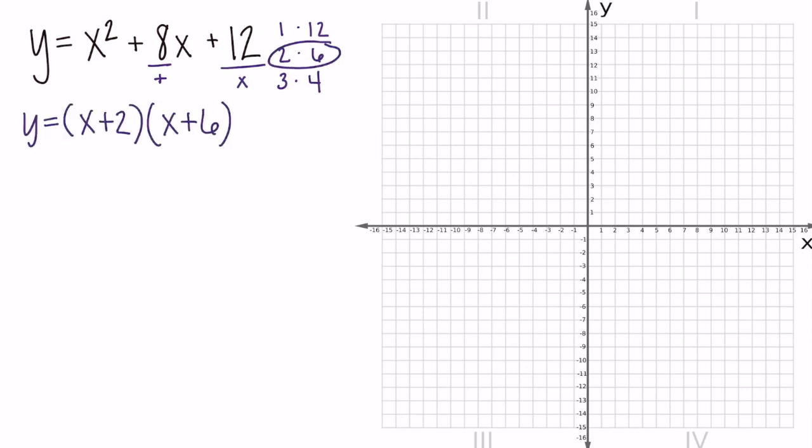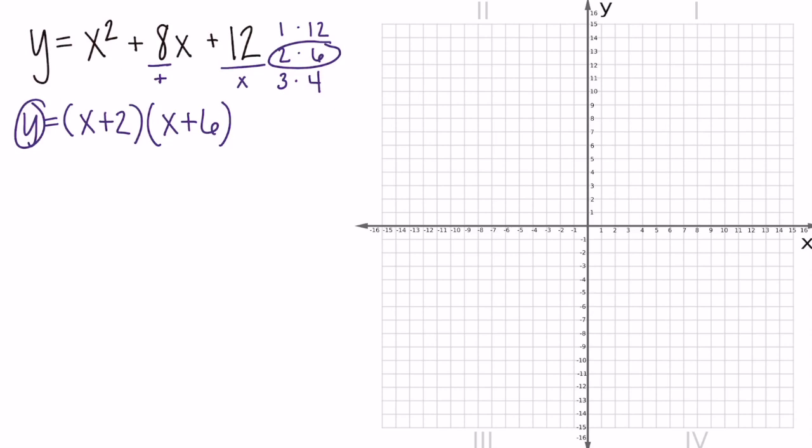Now with graphing, the first thing I'm going to want to find is those x-intercepts, which remember we talked about: to be an x-intercept, our y would equal 0. So instead of y here, we're going to make it 0. Which then we know we can set both of those pieces equal to 0 and solve for x to get our 2 x-intercepts.